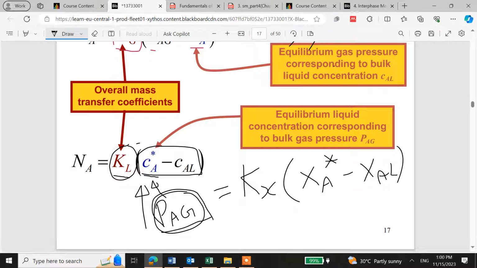So this is Kx. So we should know how to use these different forms. Depending on what is given, we will use the right equation.